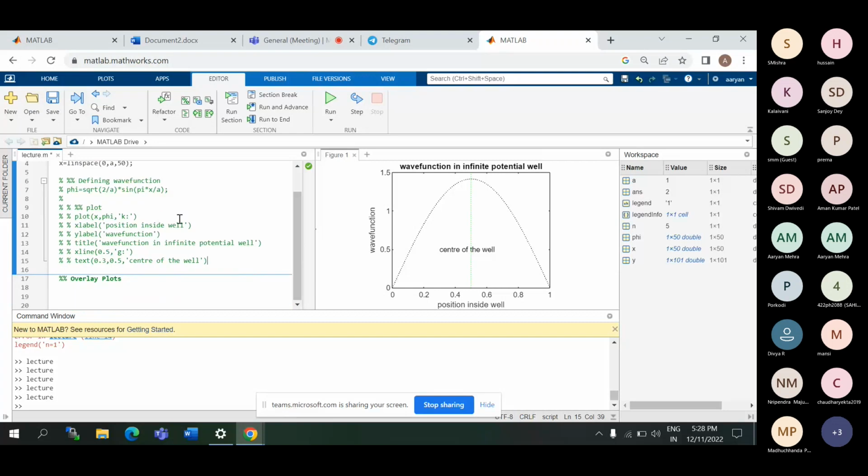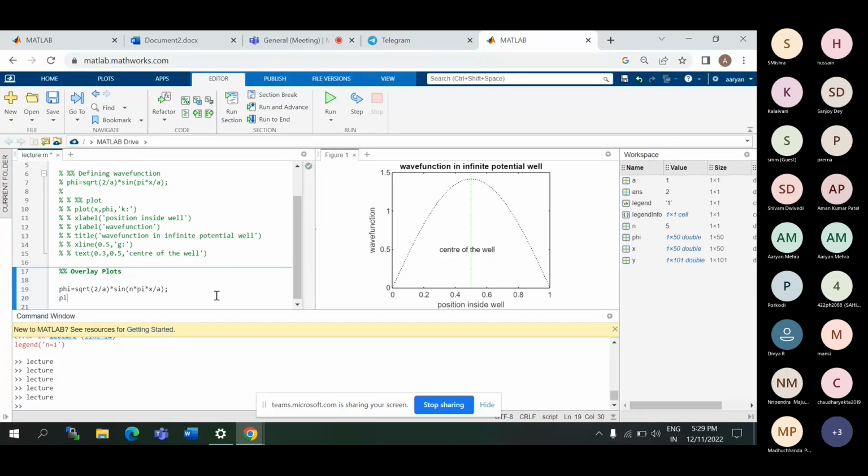And now I am defining my phi, let's put n now. So now your wave function is n pi x by a. Now if I just go and plot x versus phi, let's see what it tells you.